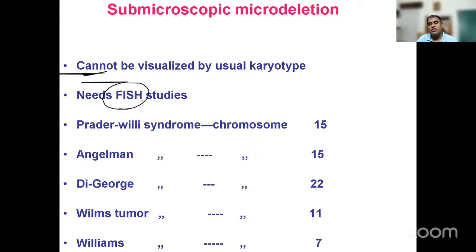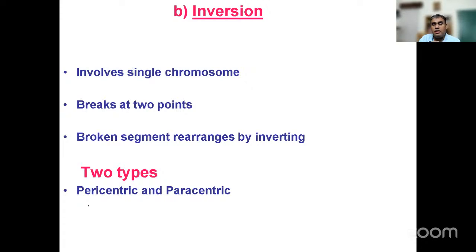Remember the full form of FISH? Fluorescent in situ hybridization. So these are all the microscopic or submicroscopic deletions. Preferably, these are the chromosome numbers: chromosome 15, Angelman, DiGeorge, Wilms tumor, Williams, quite common. Keep on reading them because they will again come in second year pathology. After deletion, we have inversion.